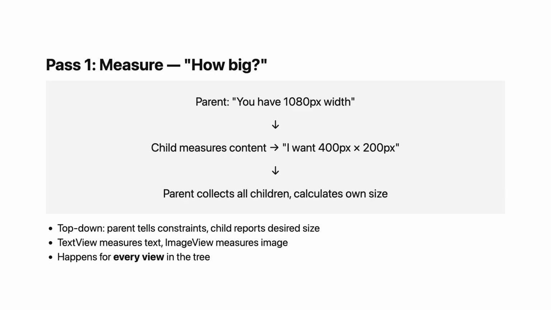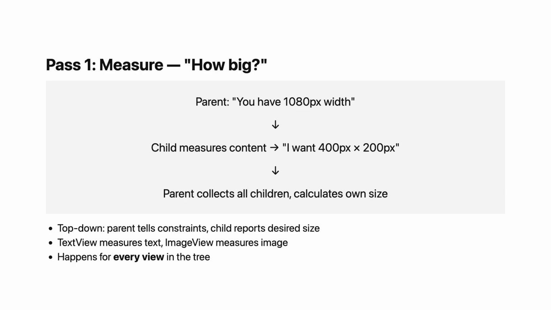A text view measures its text, accounts for padding, and reports back. An image view measures its image, considers the scale type, and reports back. A view group measures all its children first, then calculates its own size based on how its children arrange themselves. The key thing to understand is that measure works top-down. The parent tells the child the constraints, and the child reports back its desired size. This happens for every single view in the tree, every single frame that requires remeasurement.